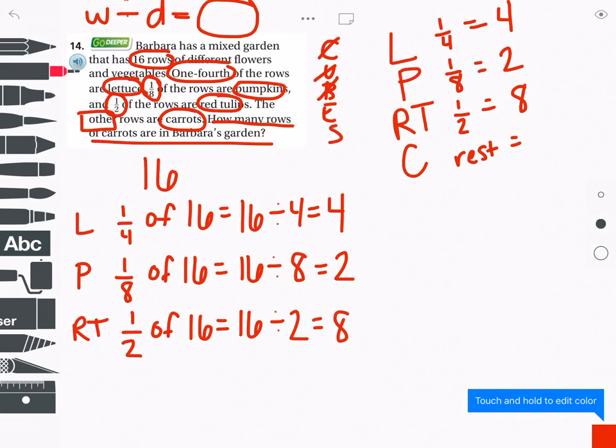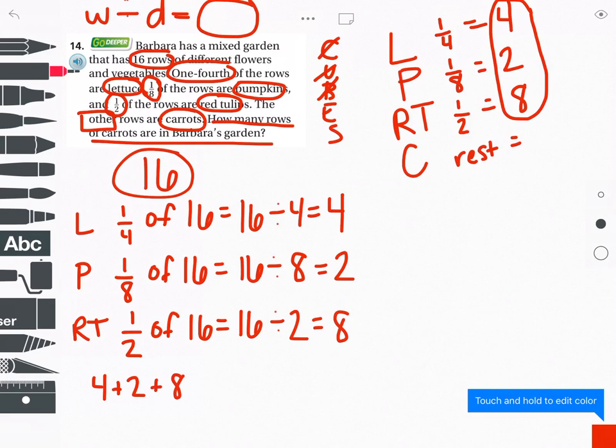Now the rest of the rows are going to be carrots. So I know that there are 16 rows total, and I know that this is the amount of rows of lettuce, pumpkins, and red tulips. And if I add those together, 4 plus 2 plus 8, I can quickly make a 10. Plus 4 equals 14.